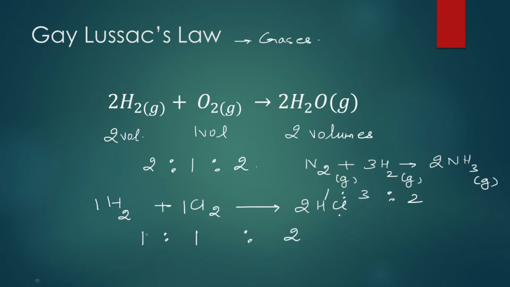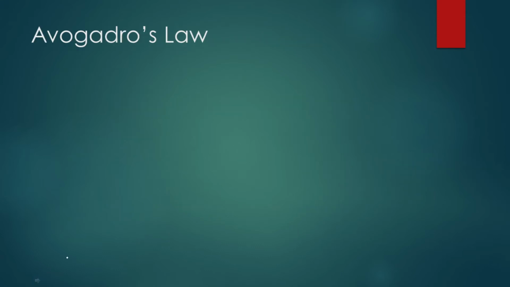Okay, so provided all the gases are at the same temperature and pressure, ये conditions जो होंगी they should be same for all gases. Gay-Lussac's law is a very simple law as far as your examination competitions are concerned. Generally do not get any question from this, but still should have a knowledge.